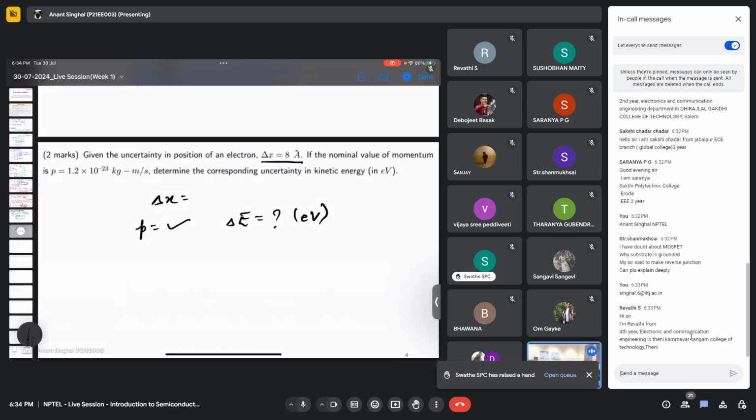On this particular problem, why do we ground the substrate? Because we want both junctions, the source-substrate and the drain-substrate, to be reverse biased, so that there will be very little reverse breakdown current, or reverse leakage current. I'll be explaining all these concepts very deeply in the upcoming weeks. For now, we'll be sticking to the very basics.